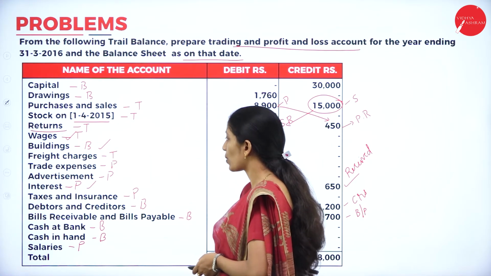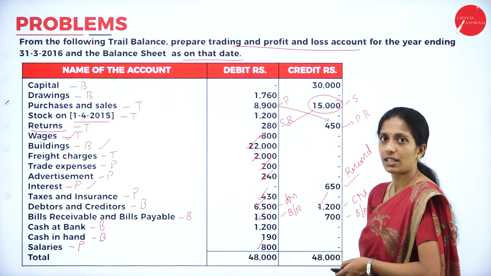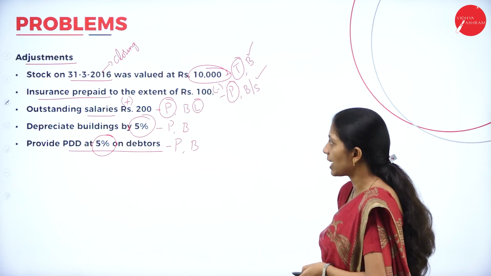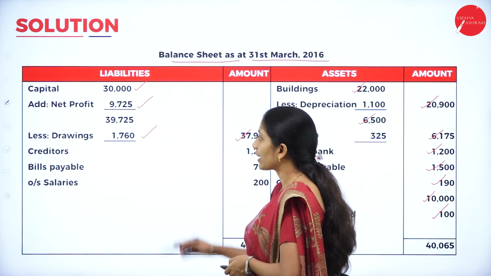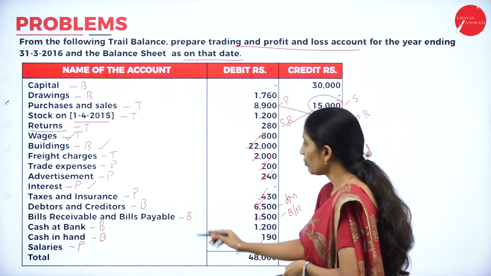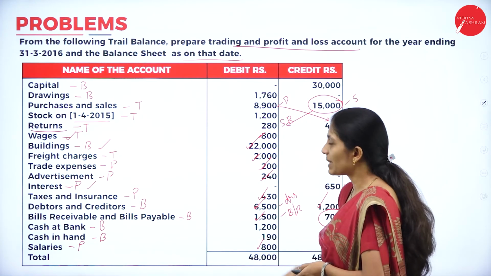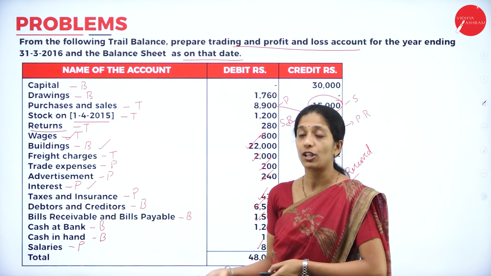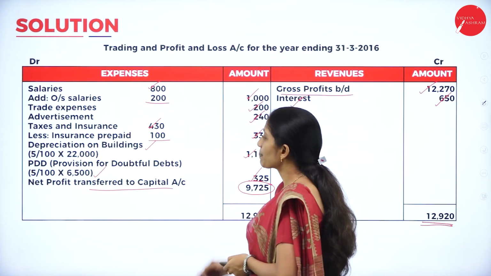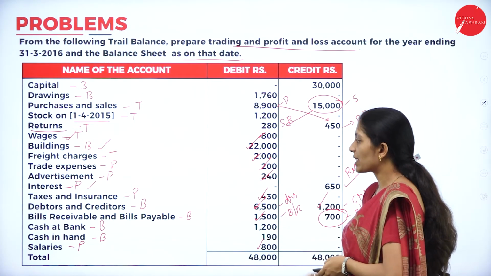Next liability is what? That is creditors. So creditors is 1,200. There are no changes in creditors. So write it directly, creditors 1,200. Next one, we have bills payable. How much? 700. Write bills payable directly because there is no adjustment on bills payable. Next, which are the other liabilities we have?